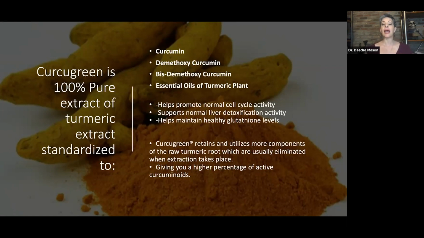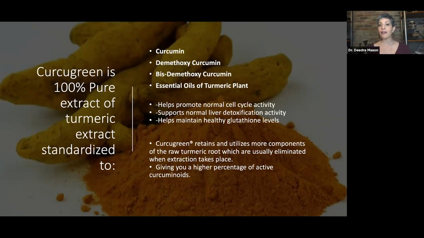So when we think about the benefits of nature, you do not get more natural than curcumin because it is 100% pure extract of turmeric, standardized to make sure that we get all the curcuminoids, the dimethoxycurcumin, the bis-dimethoxycurcumin, as well as those essential oils that assist in its bioavailability.